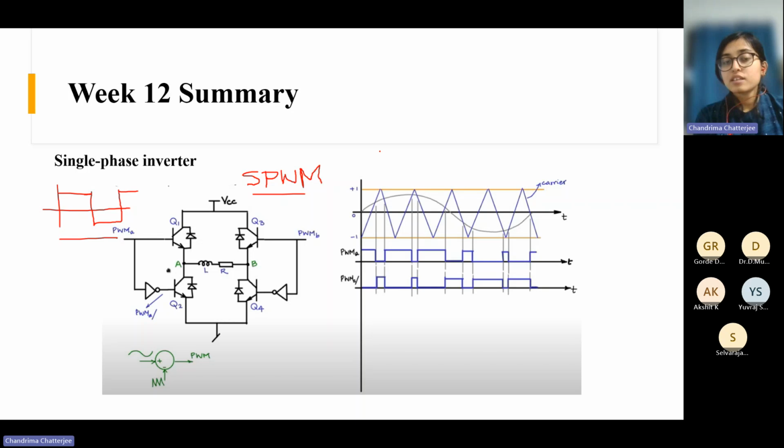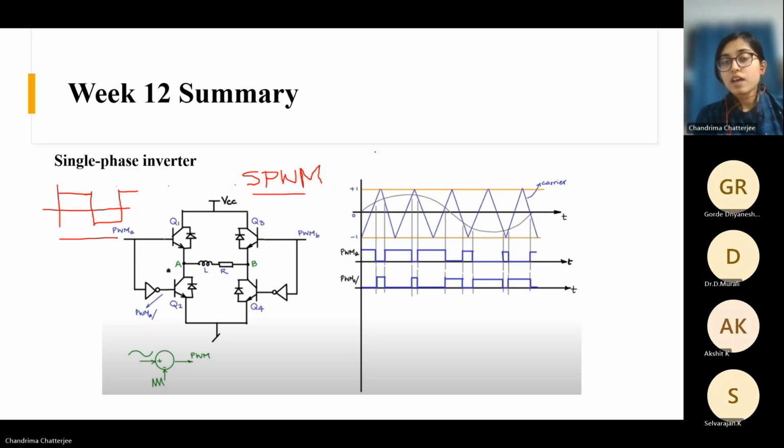Basically, what do you ideally want from an inverter? First of all, an inverter's input is a DC quantity, and at the output you get an AC quantity. For a rectifier, you saw that the input was AC voltage and AC current, and at the output you were getting DC voltage and DC current.